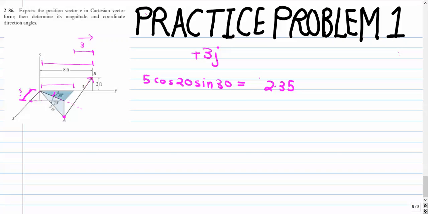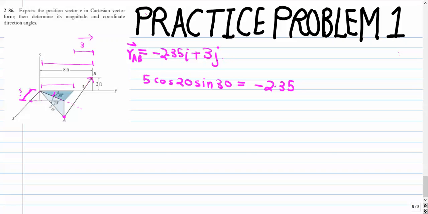But notice that the vector AB is traveling in the negative x direction, so we're going to add a negative sign. So let's put this in our Cartesian vector form. Negative 2.35 i.